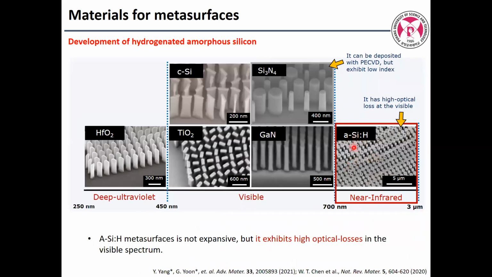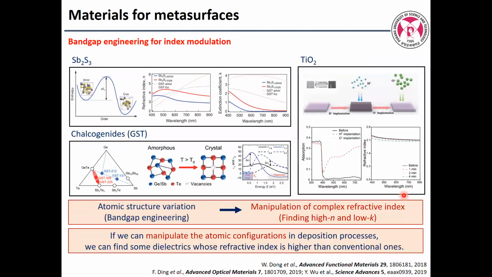But the problem is that those amorphous silicons work only in the IR range because of their high K. We found in the literature that chemists and computational material scientists could change the design, like band gap engineering, changing the atomic structure, to achieve high n and low k. So basically we can modify the n and k values in some way.